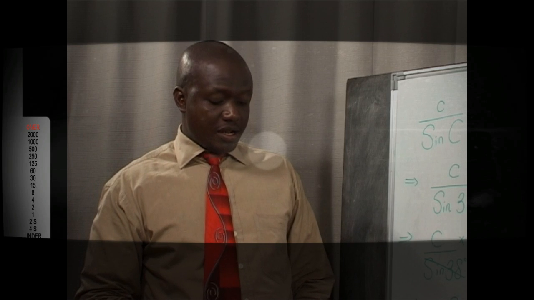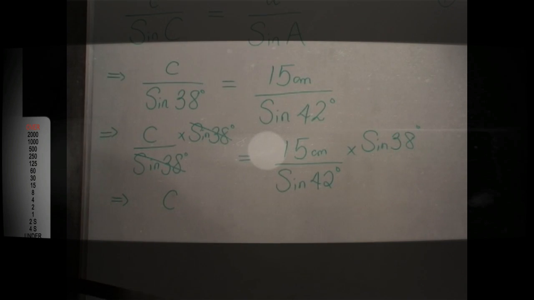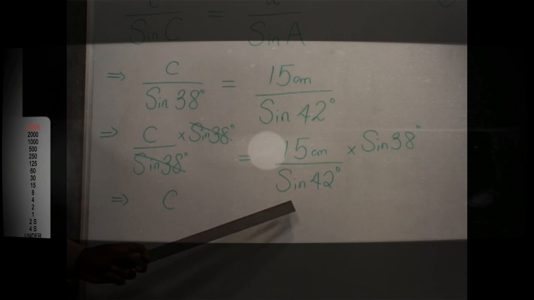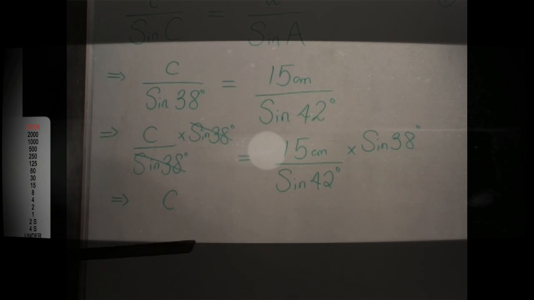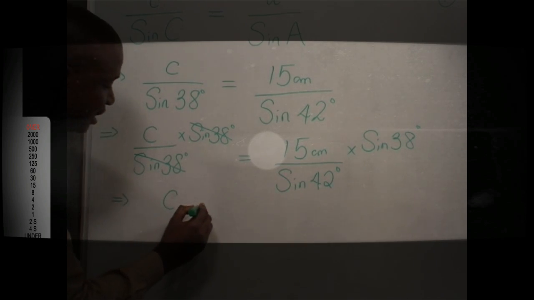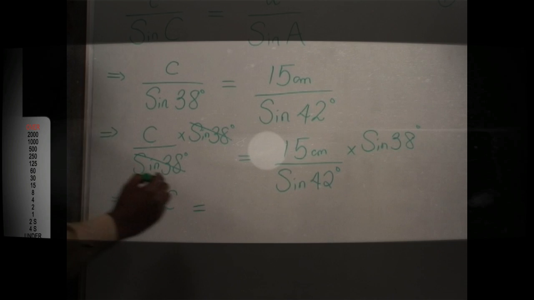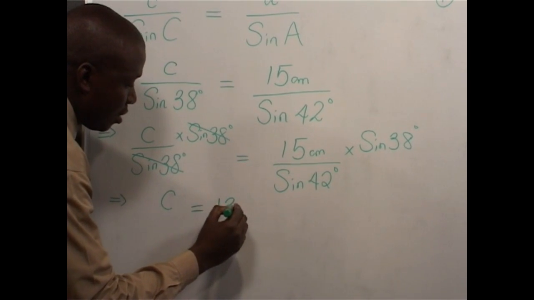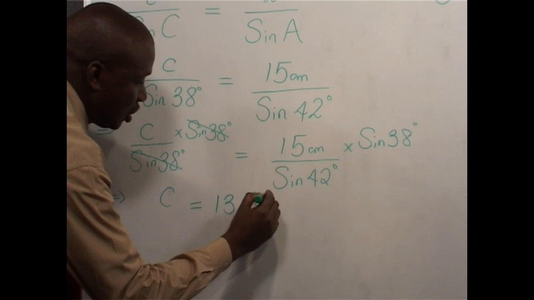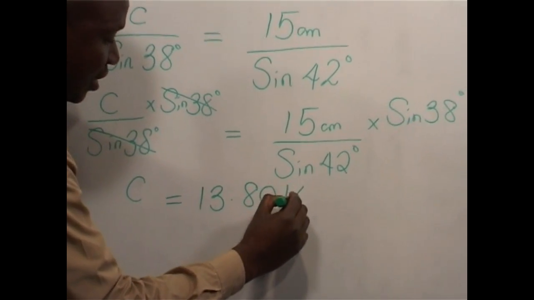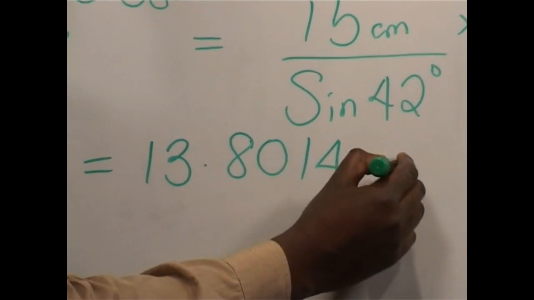On the right hand side, you were required to use the calculator and multiply 15 by the sine of 38 degrees, then divide by the sine of 42 degrees. After using the calculator nicely, you should have obtained 13.8014 centimeters, that is to 4 decimal places.